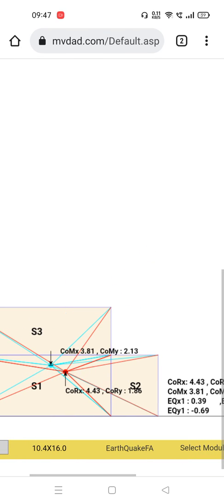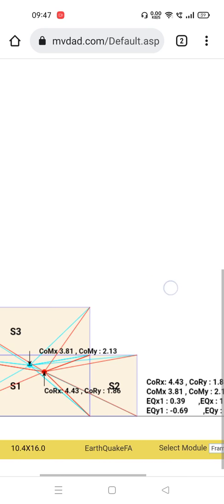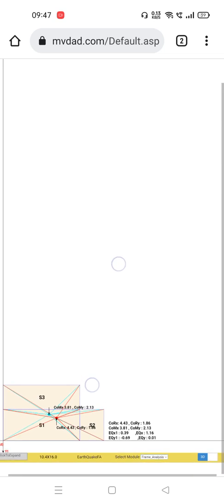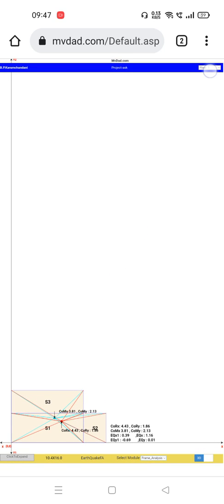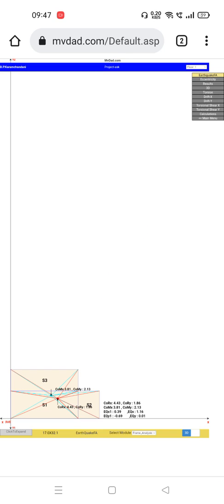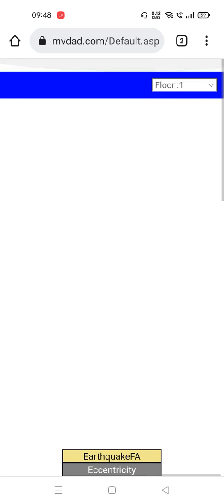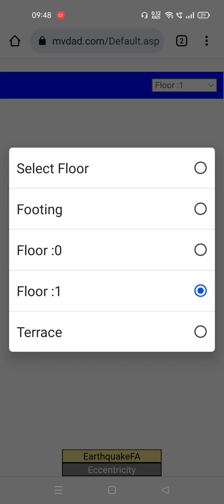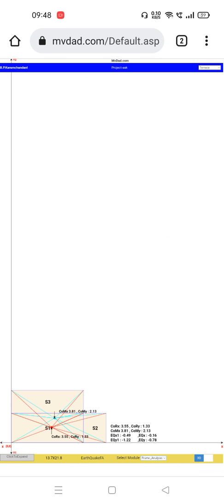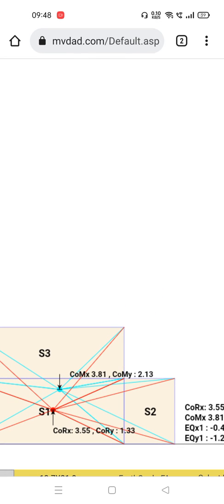In this plan, it shows the center of mass and center of rigidity. As you change the floor, the actual values should be reflected.